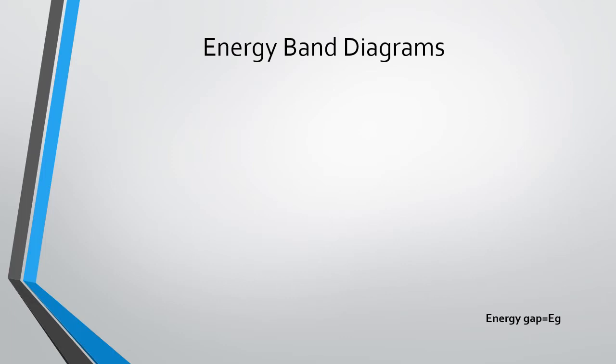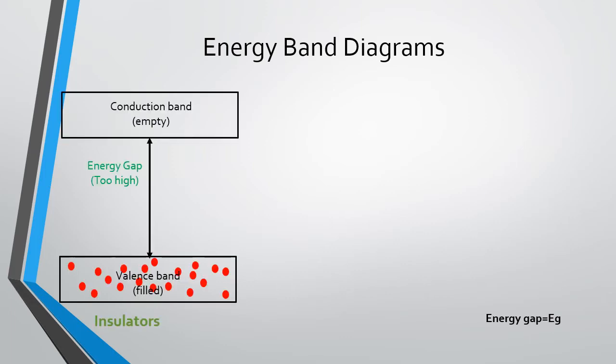Let's see the energy band diagram of insulators. We all know that in insulators there is no current conduction. That means whatever electrons are present in the valence band, they remain in the valence band even if we give sufficient energy.